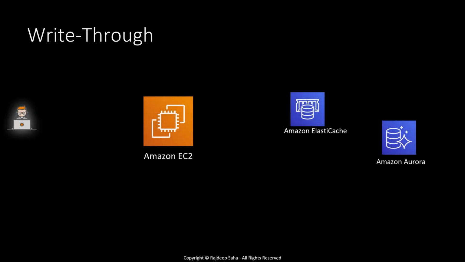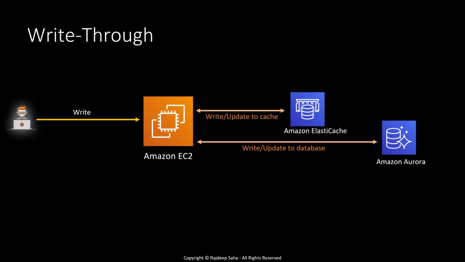Now let's move on to another approach, which is write-through. With write-through, when the user is writing, as in inserting, updating, or deleting data in the database, during this write the code also inserts a copy into the cache. So it doesn't wait until the reading.